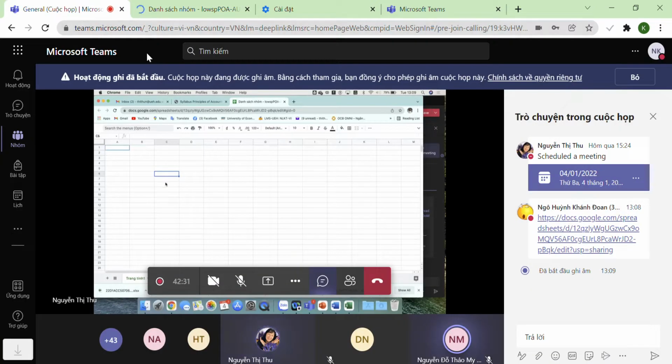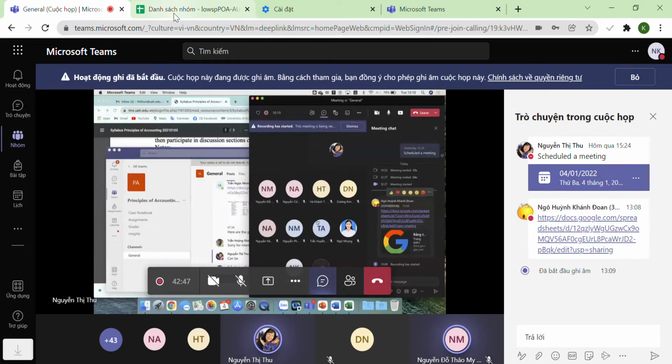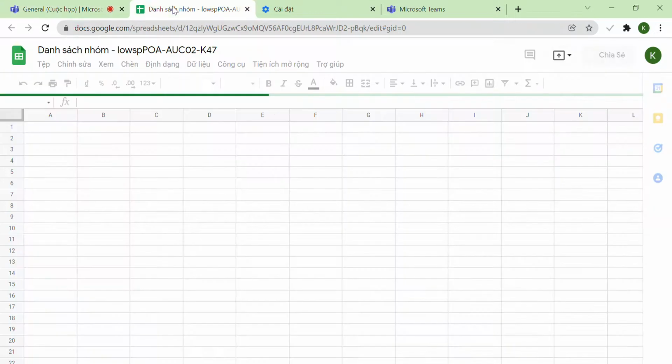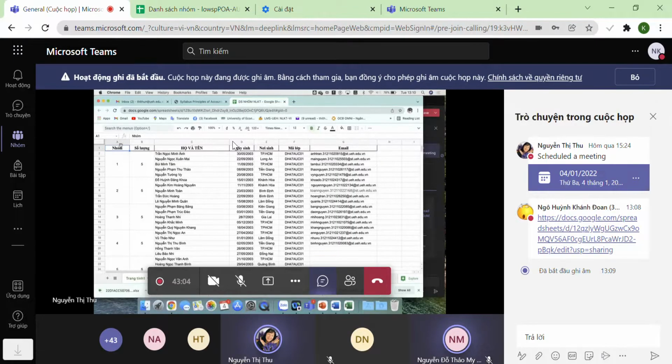Haven't done anything for this slide. How about the columns? Only columns A, B, and C, that's enough.